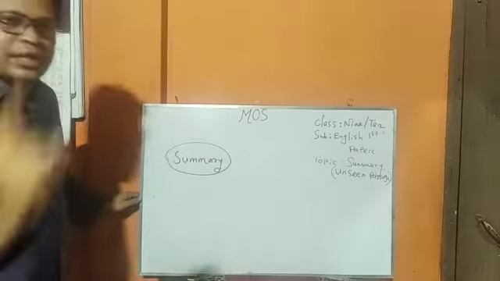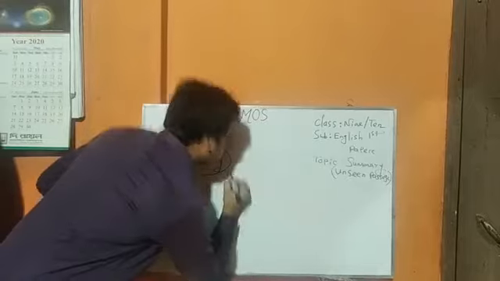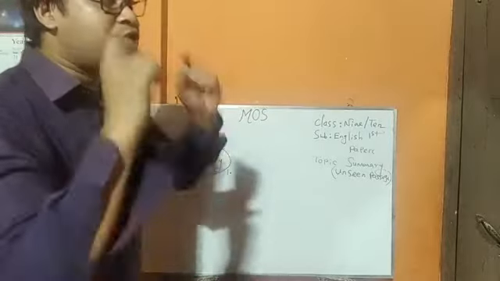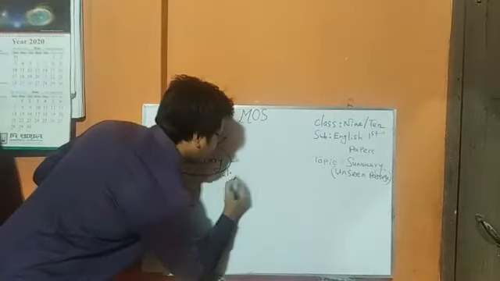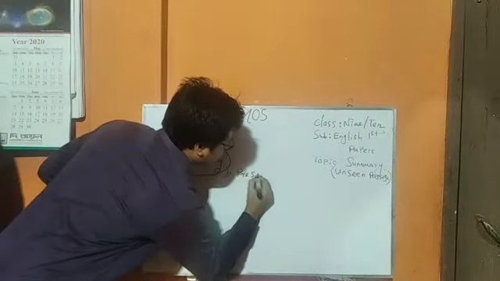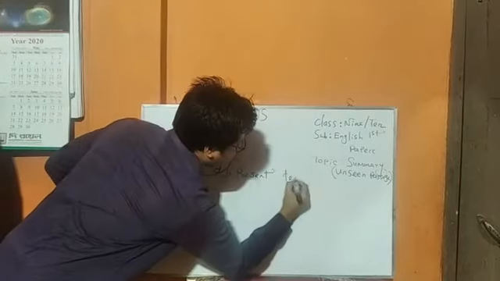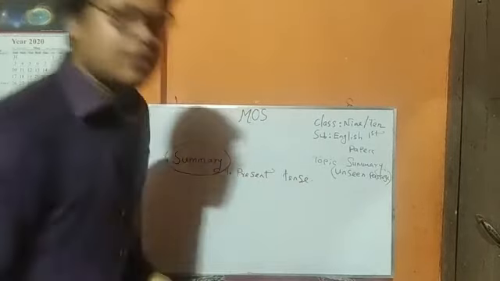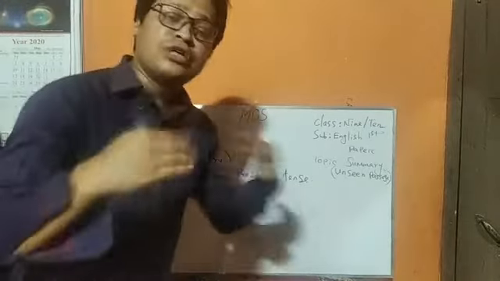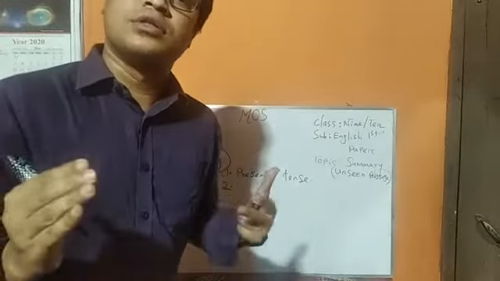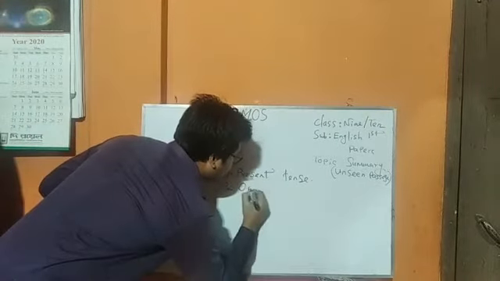At first, you just try to write a summary in present tense. Number 1, present tense. Number 2, you just try to write a summary according to your own words, just following the passage. That means own words.